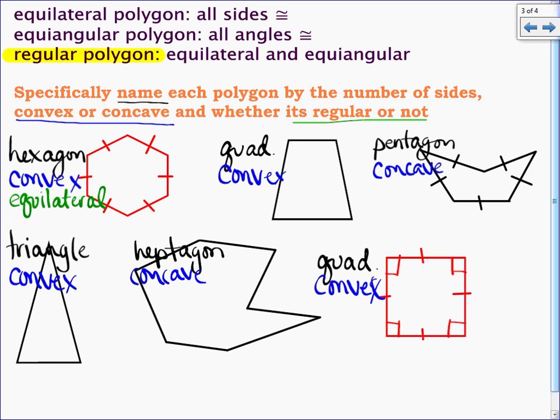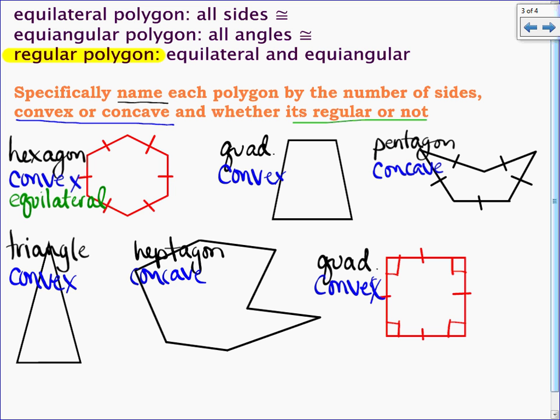What would be necessary in order for it to be regular? What's missing if we wanted to say that was regular? Yep. Not squares, but the arcs and the angles, right? Saying that the angles were all the same too. Regular, remember, means equal sides and equal angles.